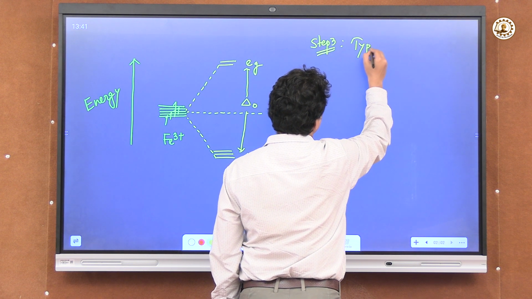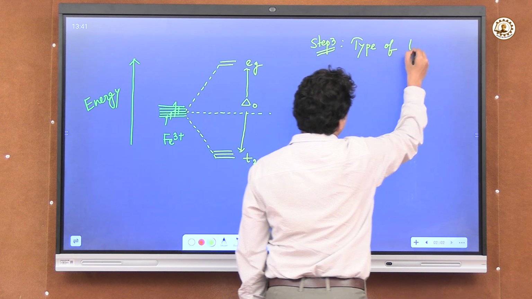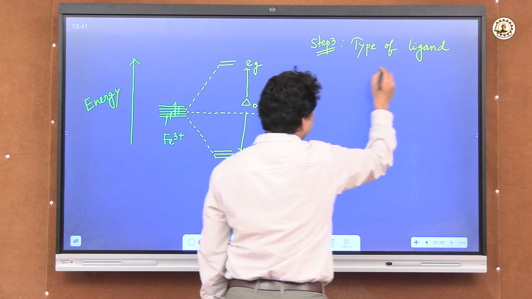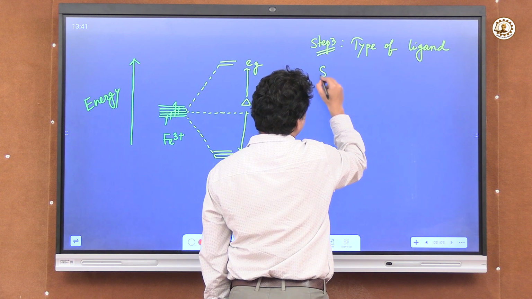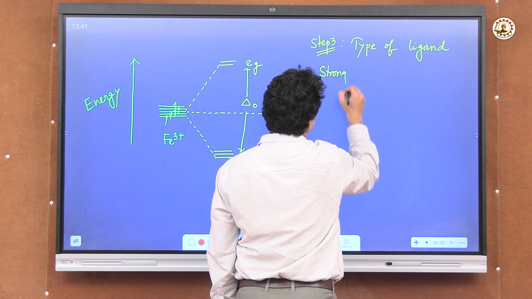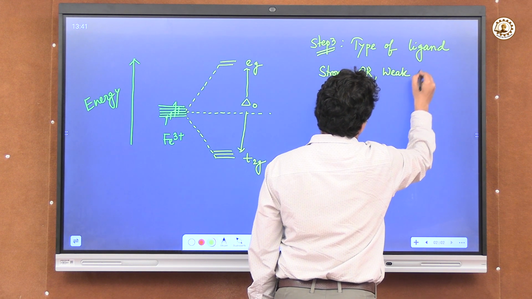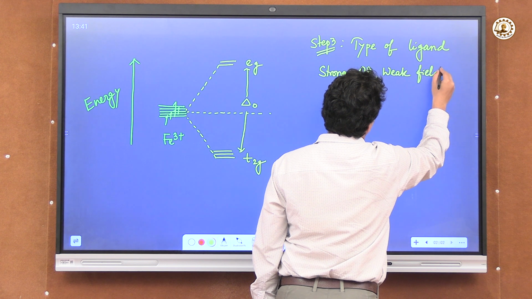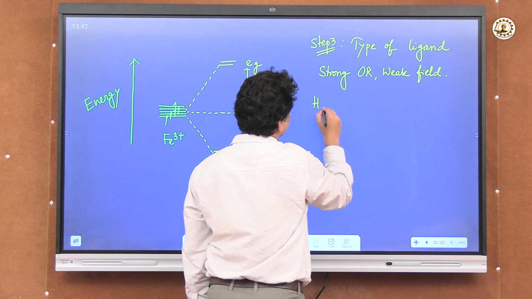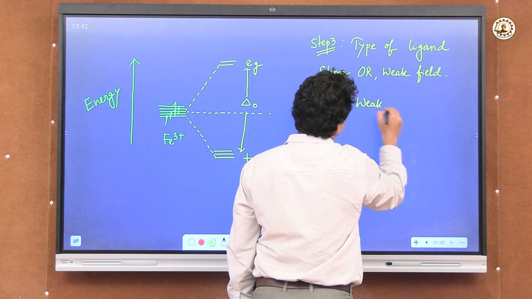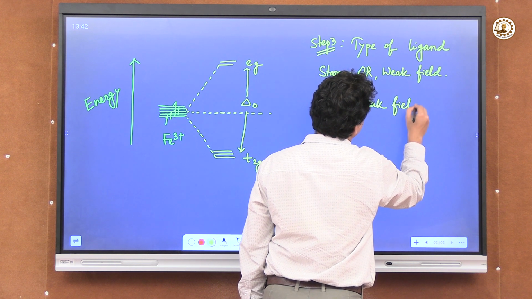What type of ligand is there? By type, we mean whether the ligand is a strong field or a weak field ligand. Now in the given example, we have H2O, and we know H2O is a weak field ligand. The criteria is already known to us.